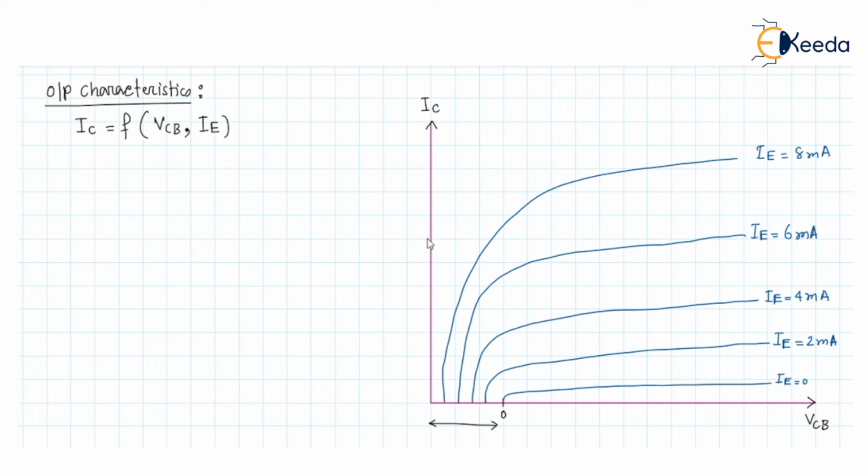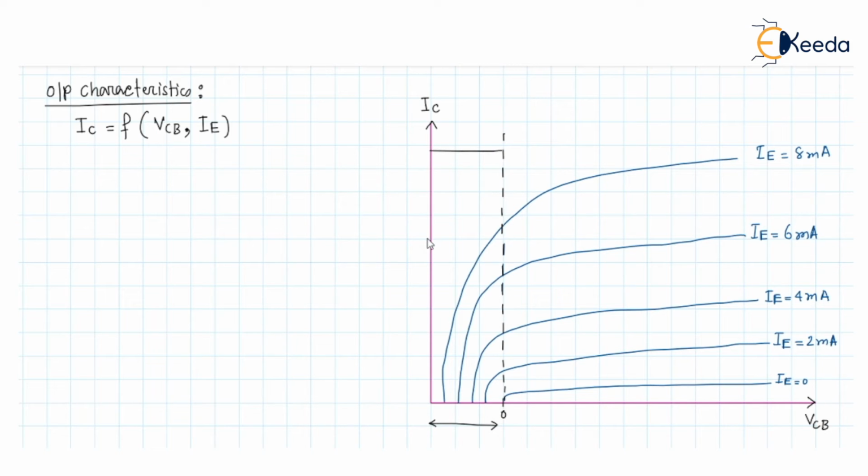So we can see this is the output characteristics of a common base configuration, where the IC value increases with the IE current, and if we denote this region, that is the zero origin, like this, then we can divide the graph into three regions.